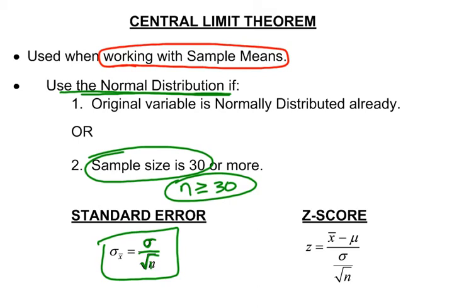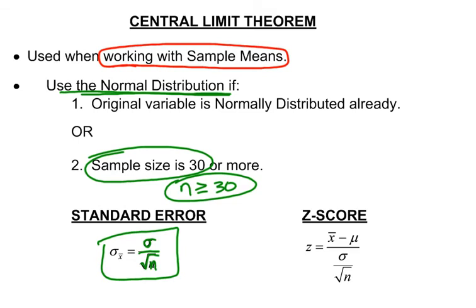Now, what that means is that the standard deviation is going to decrease and get smaller and smaller when we have a large sample. The larger n gets, the bigger that sample gets, the smaller and smaller the standard error becomes.